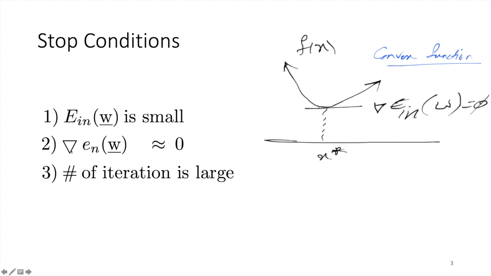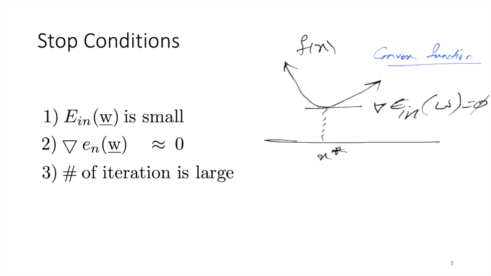The other one is when we are falling into some of those pitfalls, like having multiple stationary points or saddle points, and we tried our best and were still reaching a gradient equal to 0 or approximately 0.